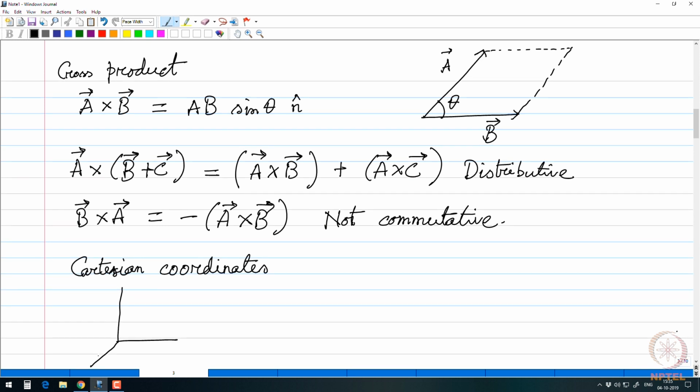Here I draw Cartesian axes, this is x, this is y, and this is z, and this is our vector A starting from the origin.